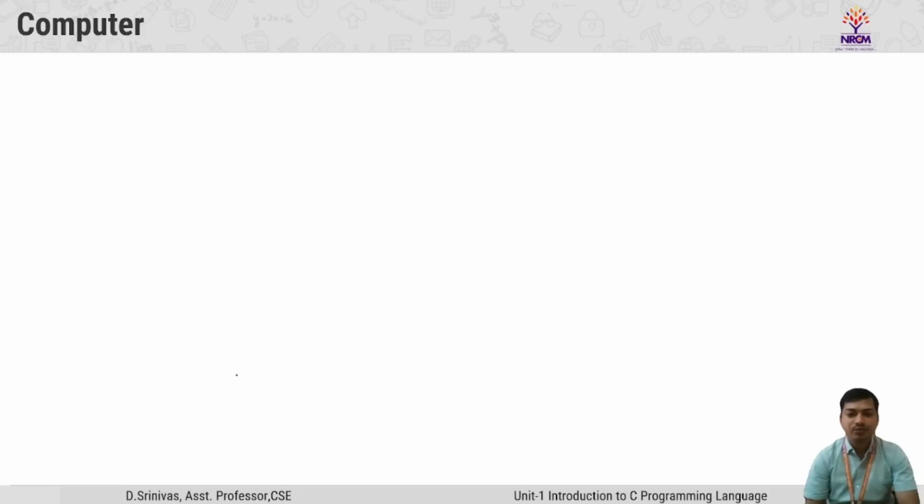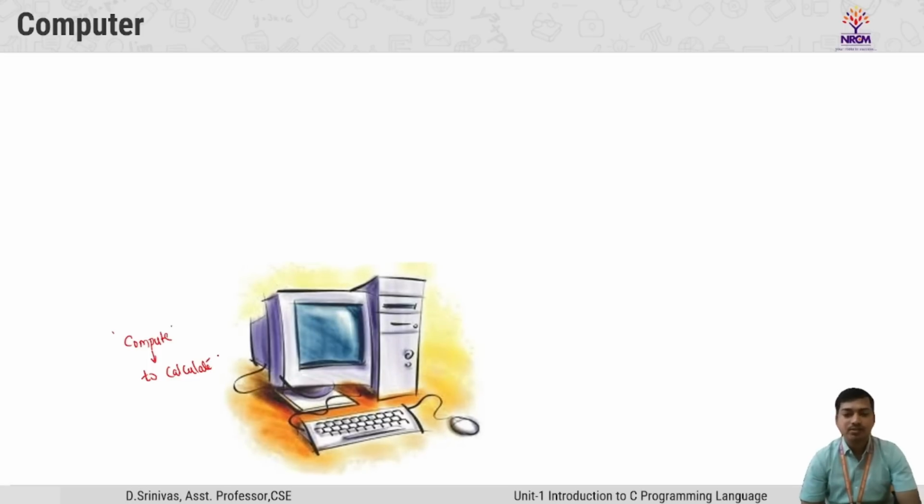The word computer comes from the word compute. Compute means to calculate something. So the computer is an electronic device which takes something as input in the form of data, processes that input, and generates the output as information.